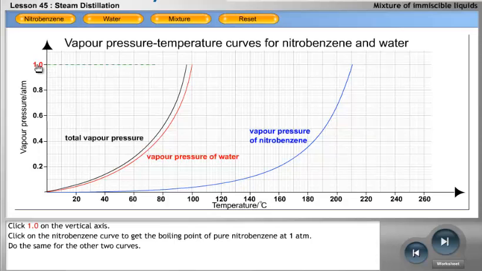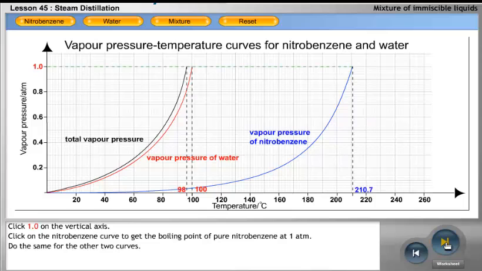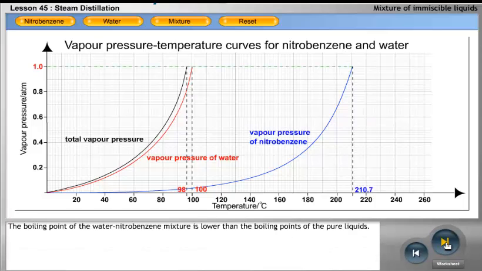Click on the nitrobenzene curve to get the boiling point of pure nitrobenzene at 1 atmosphere. Do the same for the other two curves. The boiling point of the water-nitrobenzene mixture is lower than the boiling points of the pure liquids.